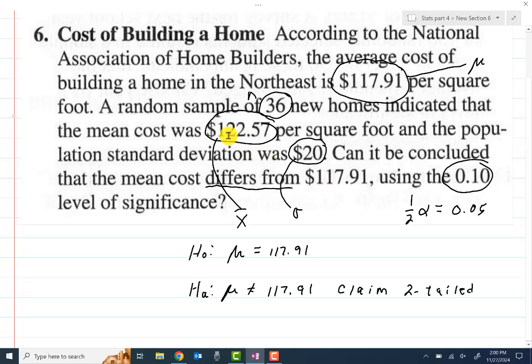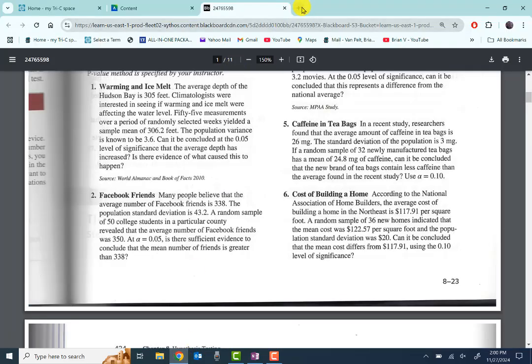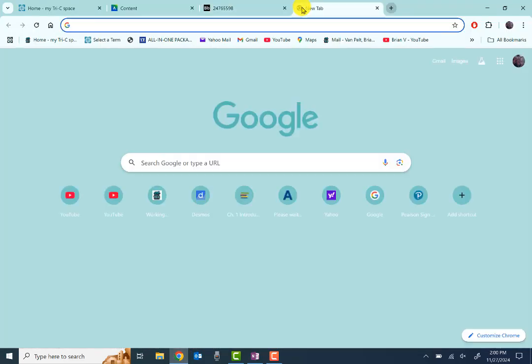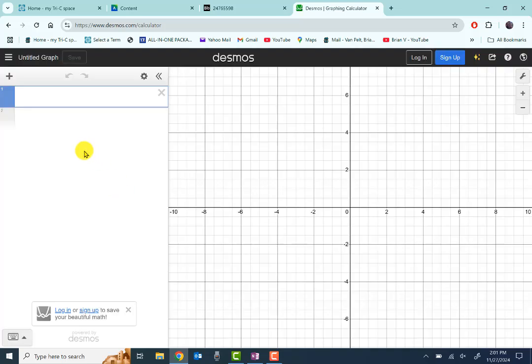Well, here we have our mean cost here. So check this out. I'm going to come into Desmos. Start the graphing calculator.